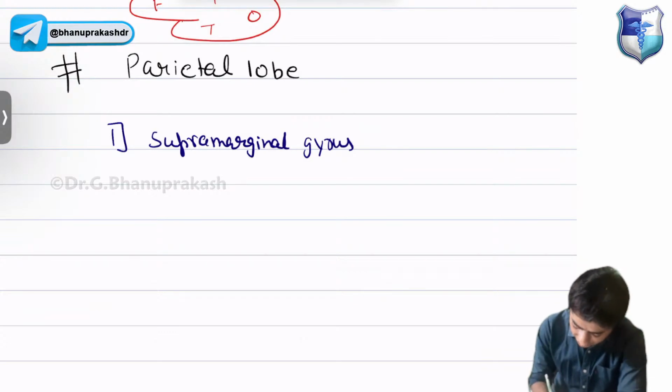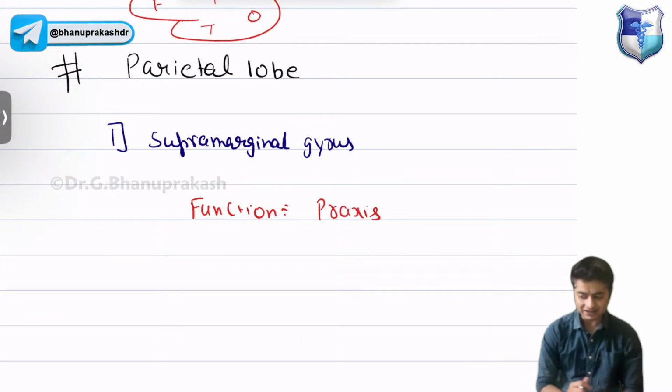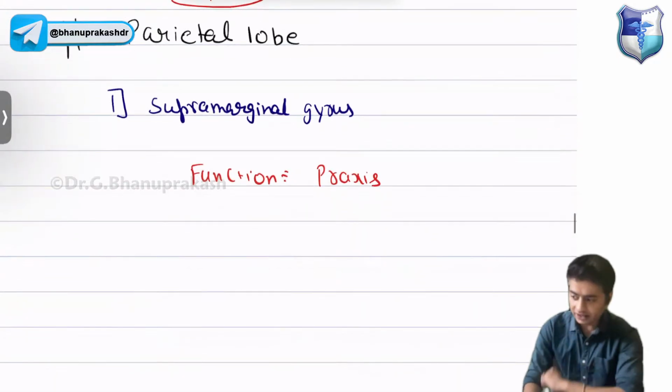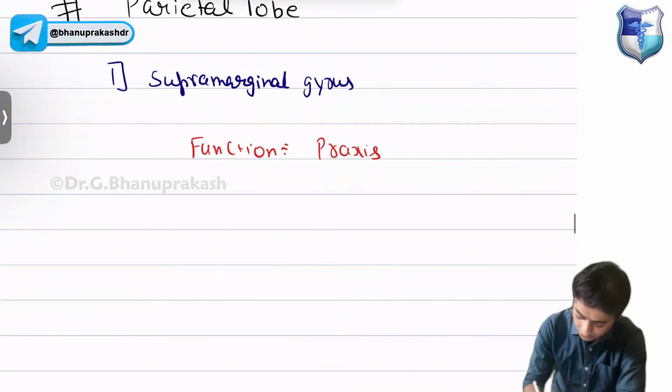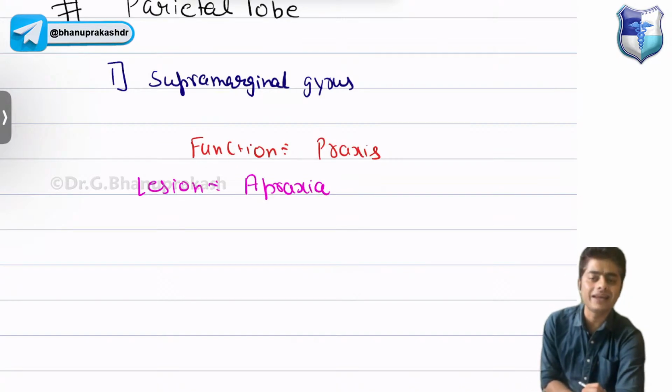Its function is praxis. If there is a lesion in the supramarginal gyrus, it will lead to apraxia.